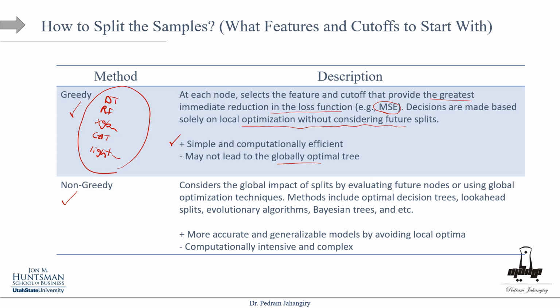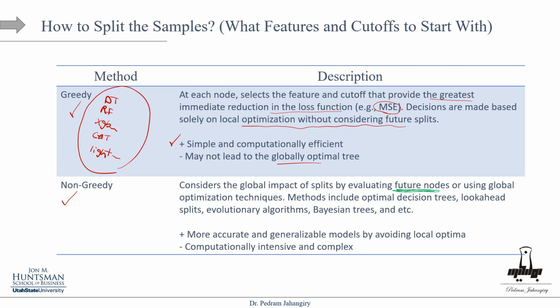What is the non-greedy one though? The non-greedy one obviously is going to do some optimization, right? It's going to consider the global impact of splits, not just for that specific point in the tree. It's going to do that by evaluating future nodes. So that's the key term: future nodes, or using global optimization techniques.